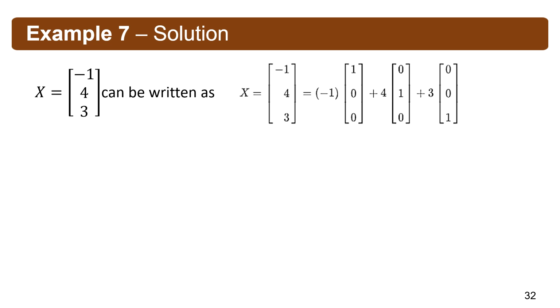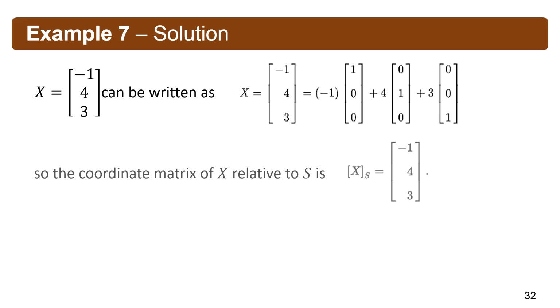And negative 1, 4, 3 can be written, if we separate each component, as negative 1 times 1, 0, 0, plus 4 times 0, 1, 0, plus 3 times 0, 0, 1. And what you can see here is that the coordinate matrix of x relative to S is negative 1, 4, 3.